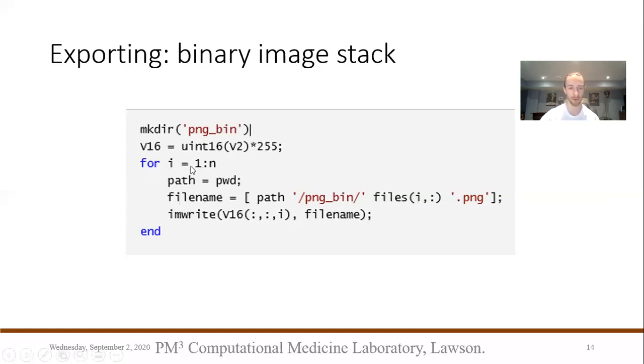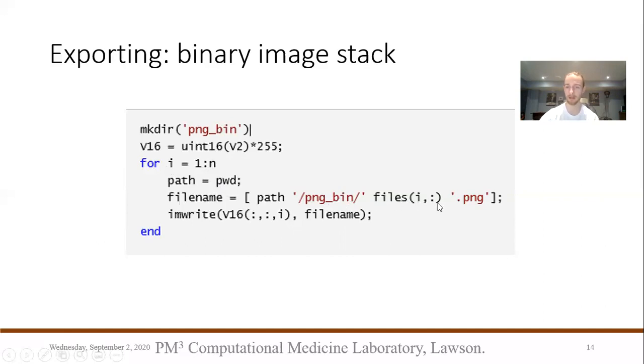And then for each slice of my desired image volume, I'm creating a file name, including the directory path, the folder, PNG bin.